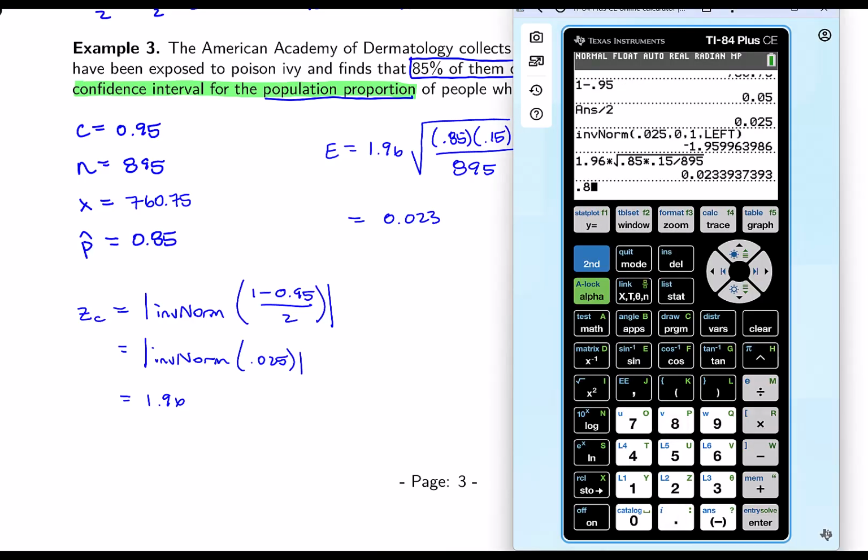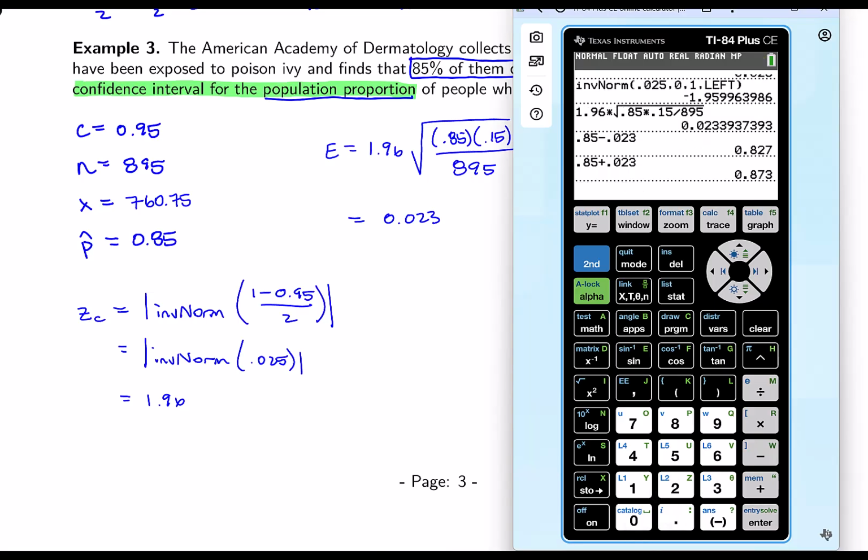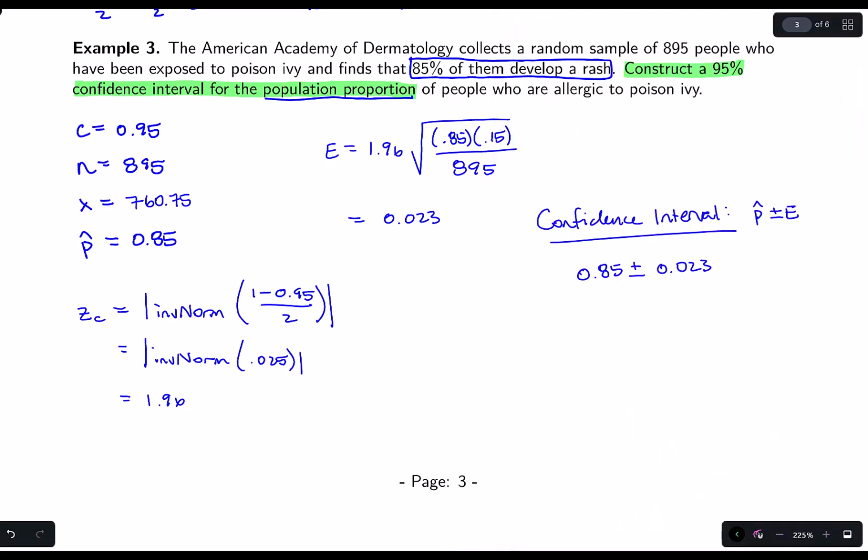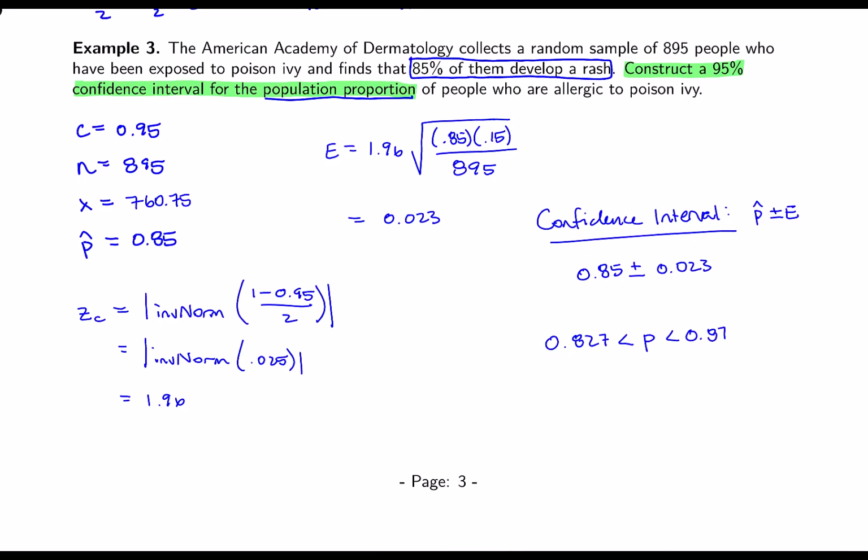So 0.85 minus 0.023, and 0.85 plus 0.023, so we get 0.827 and 0.873. Okay, so that is how we construct the confidence interval, and these are the steps involved.